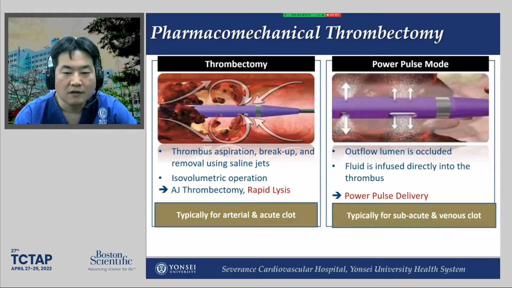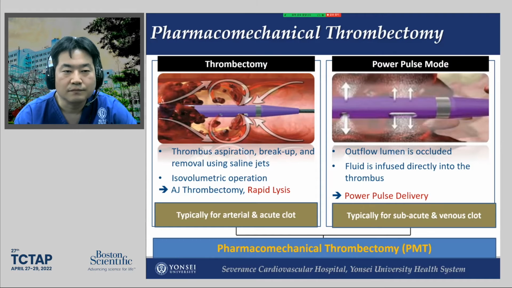It's the delivery of a thrombolytic agent at the thrombotic lesion for lysis of the thrombus. So we use two kinds of modes for removal of a thrombotic lesion.